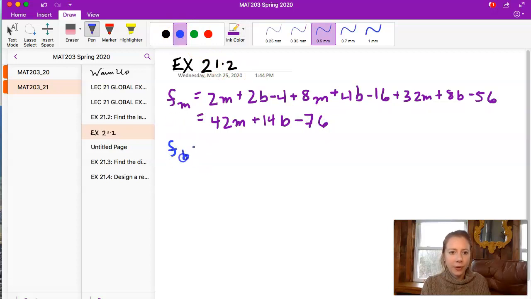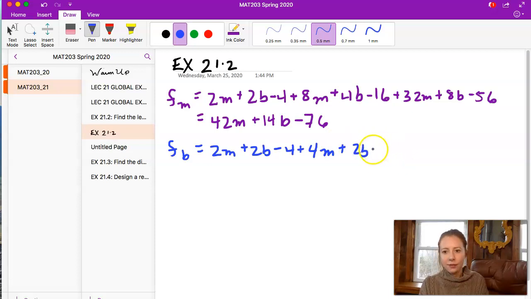And for our partial with respect to b, that simplifies, well, let's expand out, and we get 2m plus 2b minus 4 plus 4m plus 2b minus 8 plus 8m plus 2b minus 14.